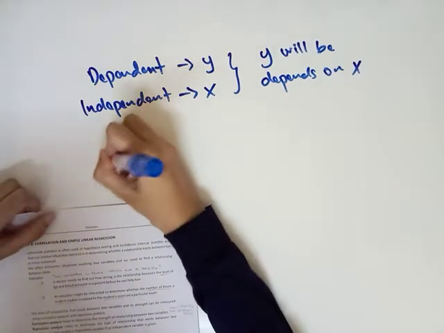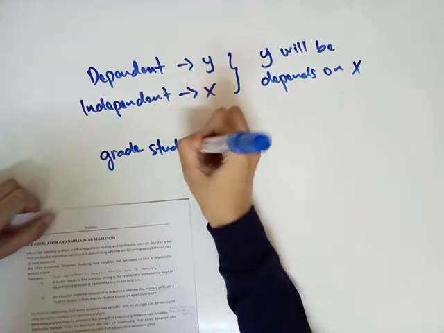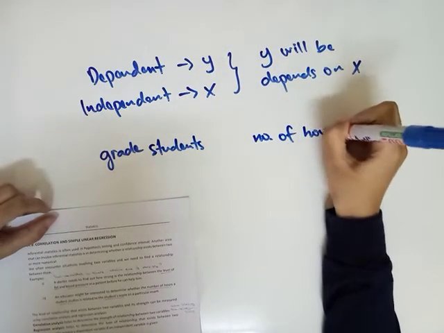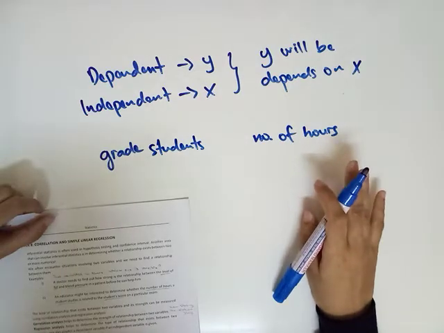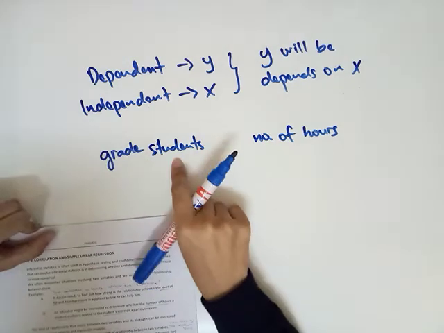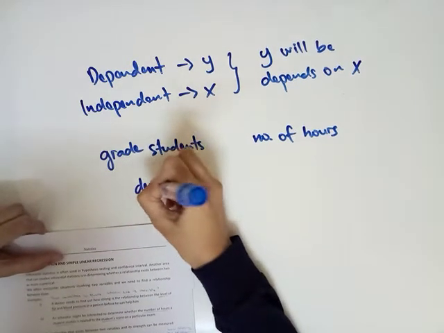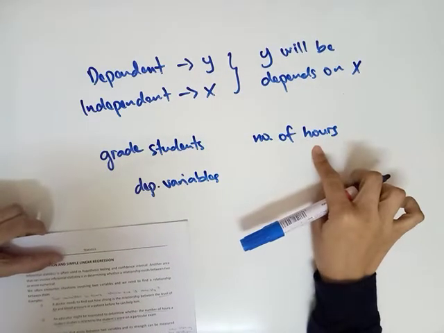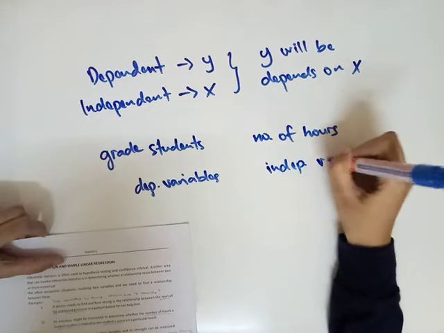Which one is the dependent variable and which is the independent variable? Of course the student's grade is the dependent variable, and the number of hours the student studies is the independent variable.